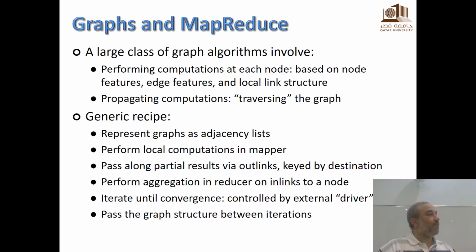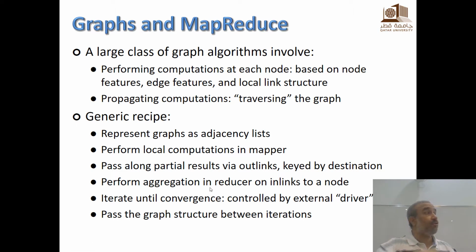We propagate these computations through the outlinks, which indicates the traversal of the graph. And then in the reduce, we combine or aggregate some of these partial computations. So the general recipe: we present the graphs as adjacency lists, local computations in the mapper, pass the partial results via the outlinks, the aggregation in the reducer, and we iterate until convergence.